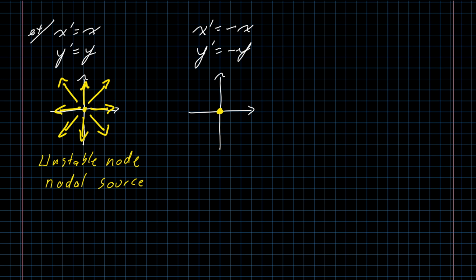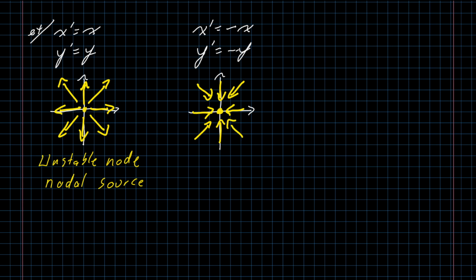But if we're over here on the positive x-axis, x is positive, so x prime is negative, and we're going to go this way. If we're on the positive y-axis, we're going to go down. If we're on the negative x-axis, we're going to move in the positive x direction. And if we're on the negative y-axis, we're going to move in the positive y direction. And then if you check anything in between, it will continue following the same pattern.